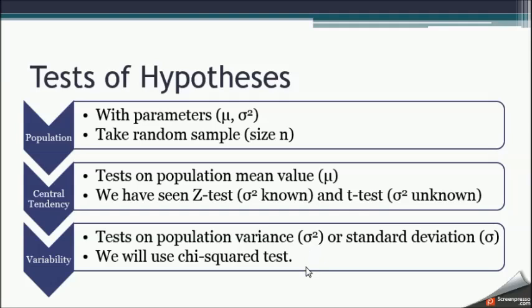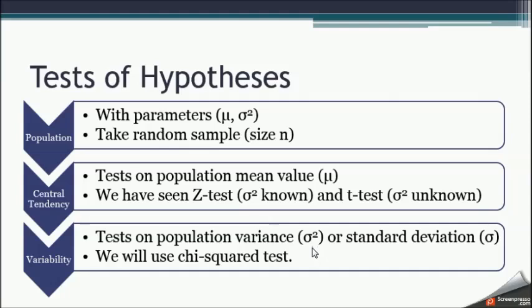Now we are going further to test the variability within the population. So we are mainly going to test for the variance, sigma square, or we are going to test for the standard deviation, sigma. In fact, the methodologies are exactly the same and there is no difference to test for sigma square or sigma, but we will focus on how to test the variance, sigma squared.